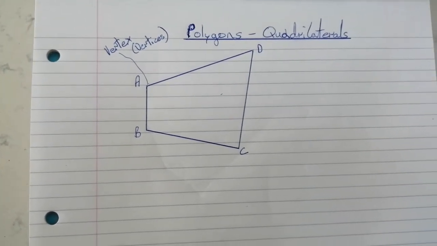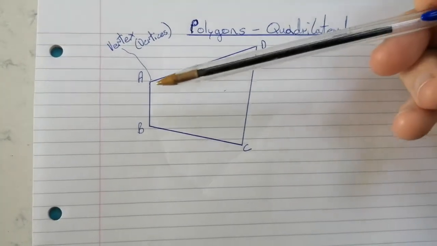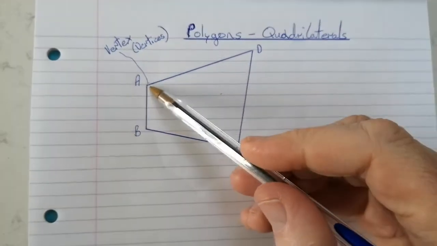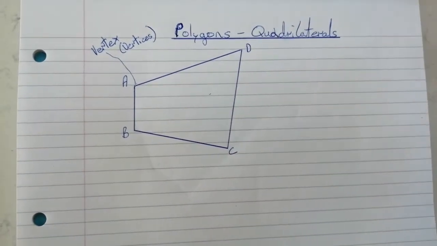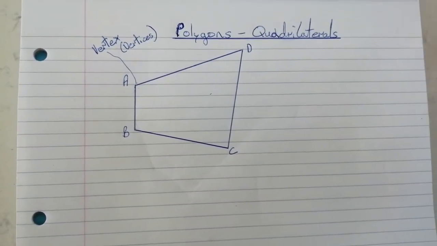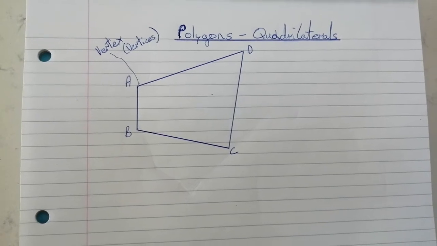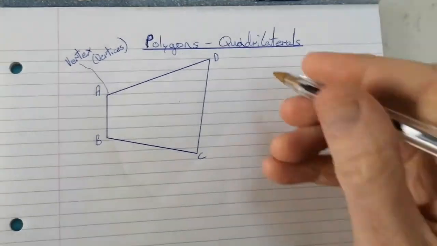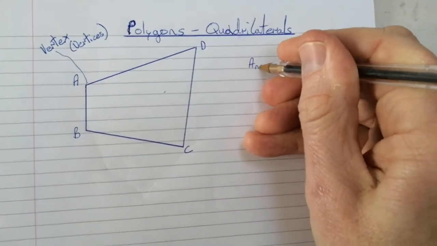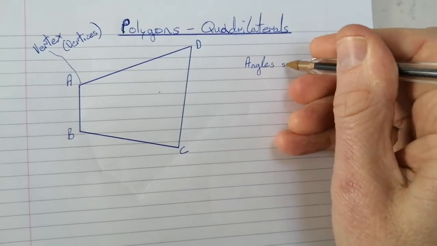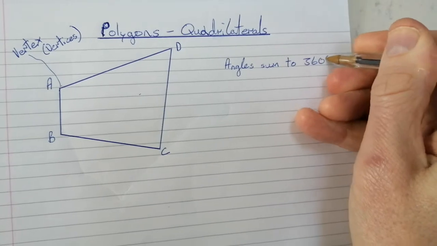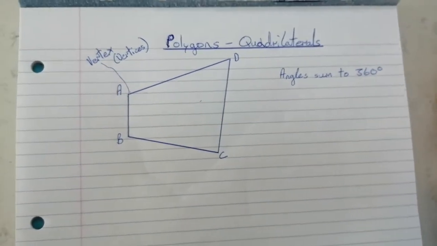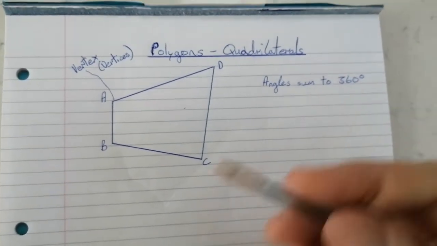And also, and this may be new to us, all of the angles inside a quadrilateral, so the angle here and here and here and here, they always sum to 360 degrees. They always add up to 360 degrees. So I'm just going to say angles sum to 360 degrees.